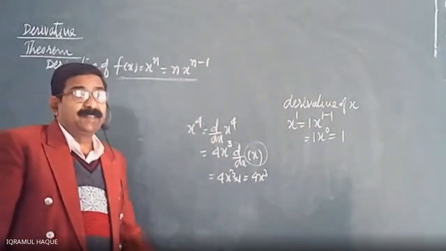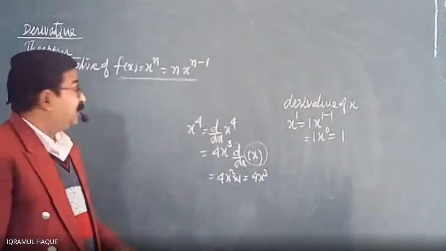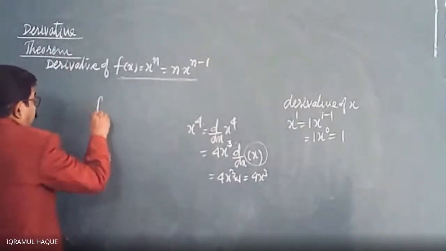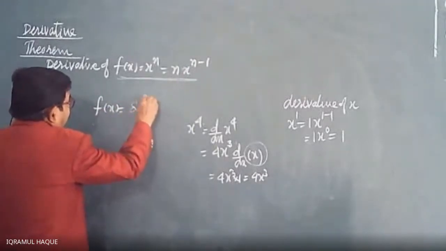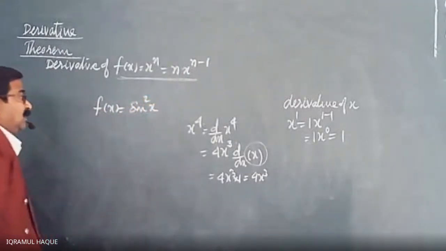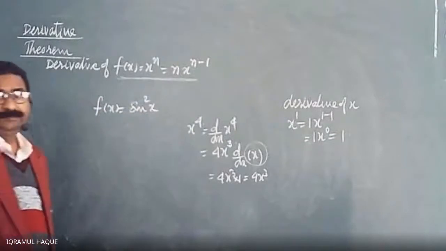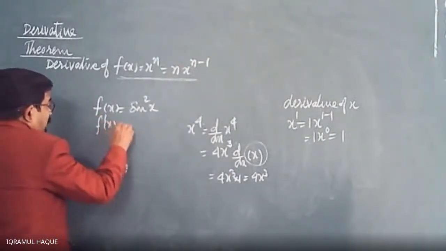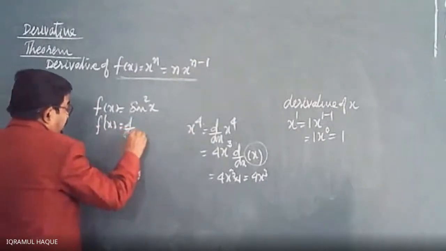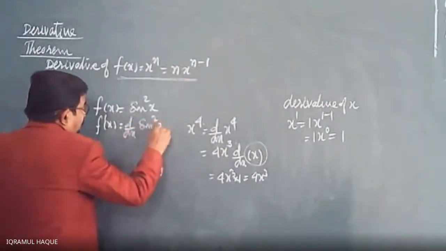But in some cases, suppose we are given f(x) is equal to sine square x, for example. So f dash x is equal to d/dx of sine square x.